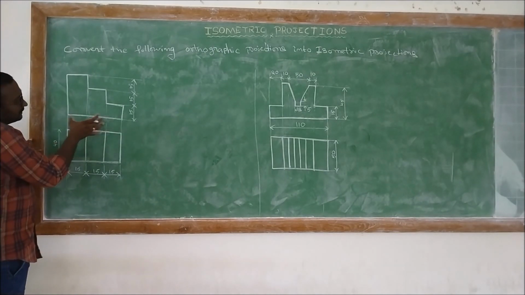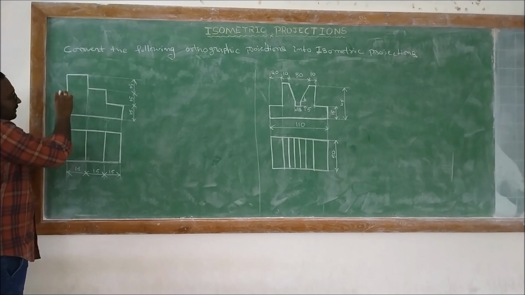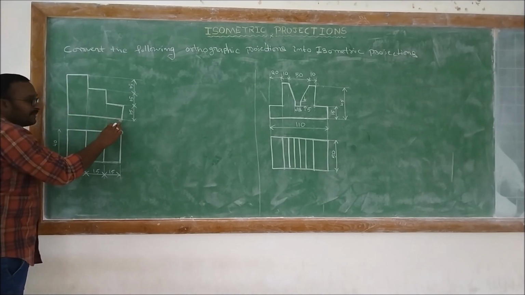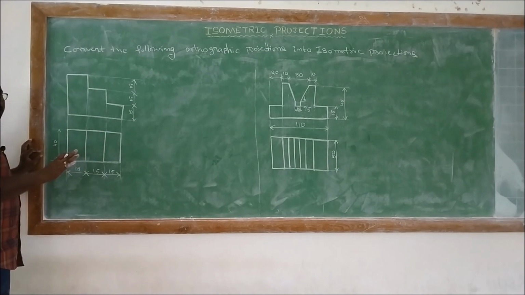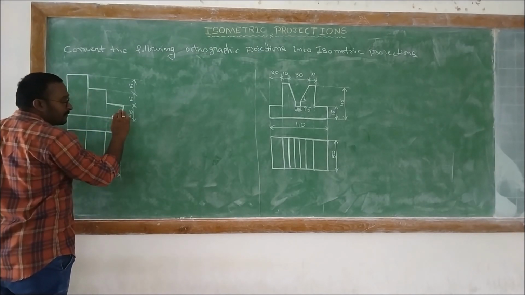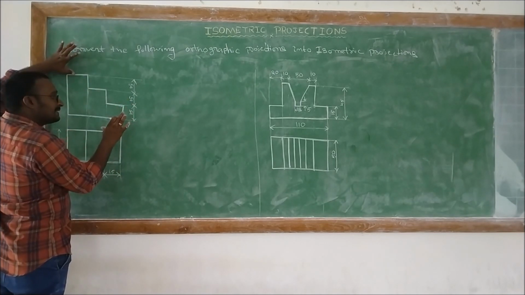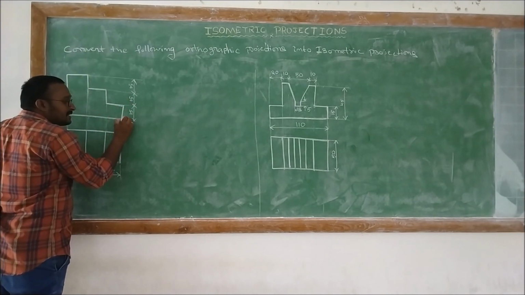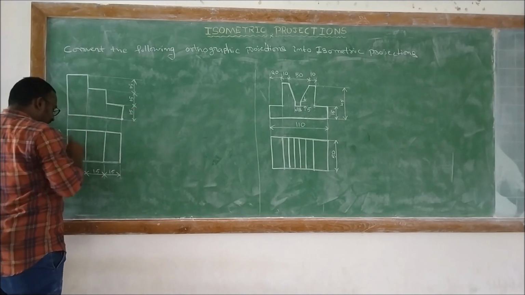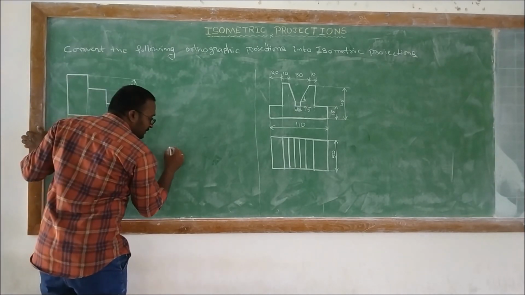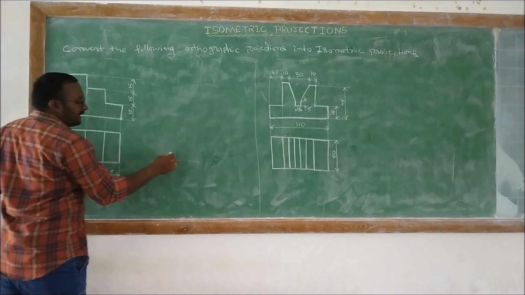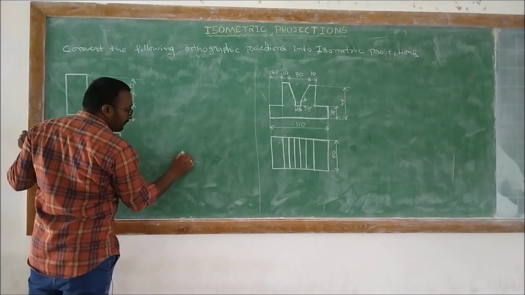We should start with the vertical line being vertical, and then the horizontal line will be horizontal. Initially we should start from here. We are going to tilt like this. Here this is the first, and then the 40 mm will be here. Initially we must draw the vertical line of about 45 mm.